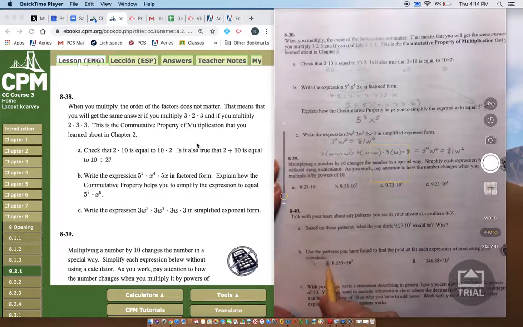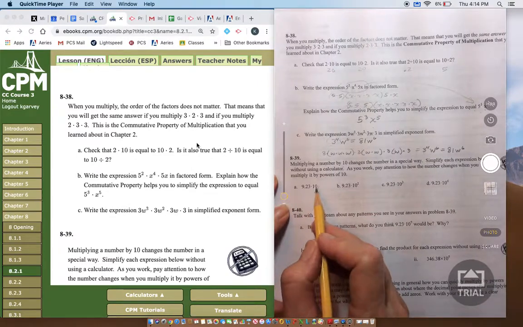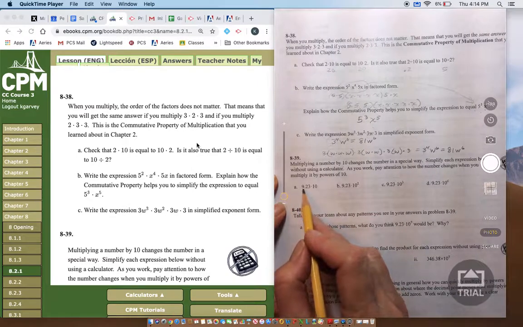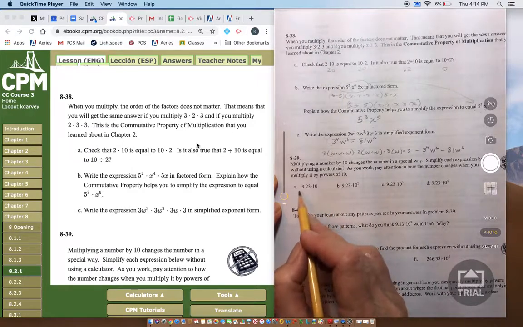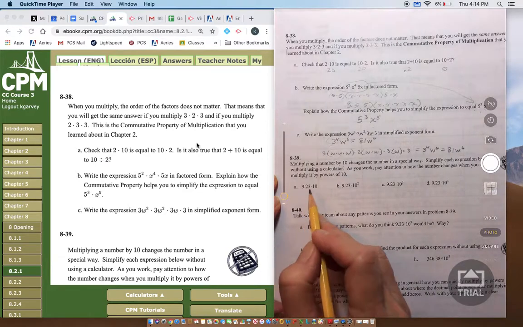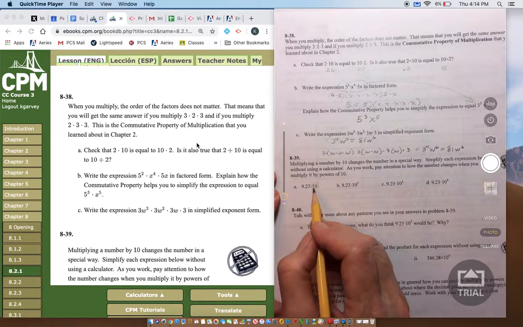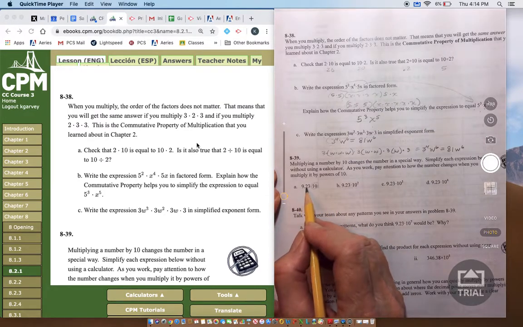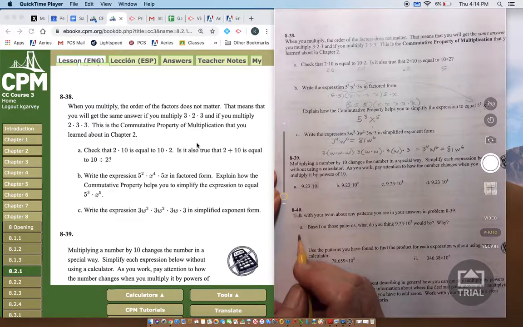All right, so you worked on this problem and you looked at A first, 9.23 times 10. So you're multiplying this number times 10, and because of that, 10 is what each place value is worth. And so we know that we're increasing this whole number by one place value.